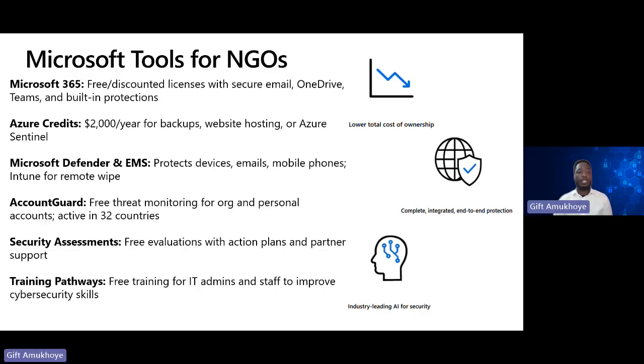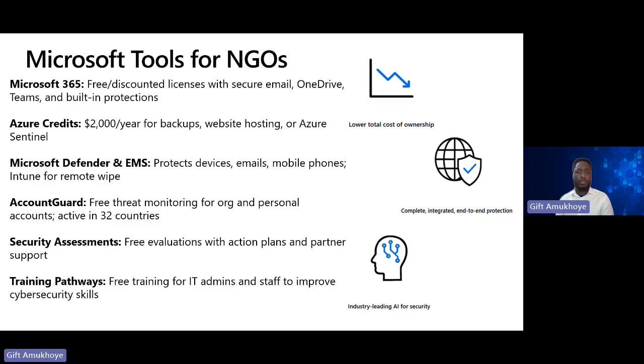Then you also get a free security assessment. In this case, Microsoft offers assessments to help you identify vulnerabilities across your endpoints, identity access, and infrastructure and data. You'll get a prioritized action plan and support from Microsoft and Microsoft partners such as us to strengthen your defenses.